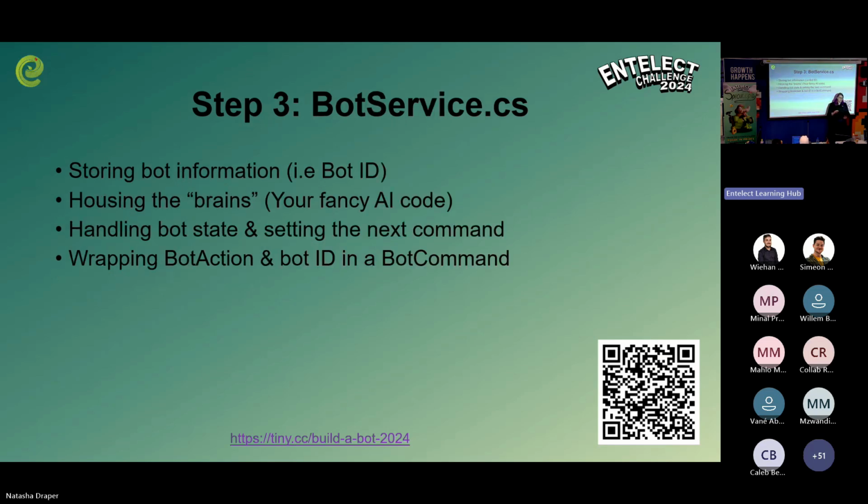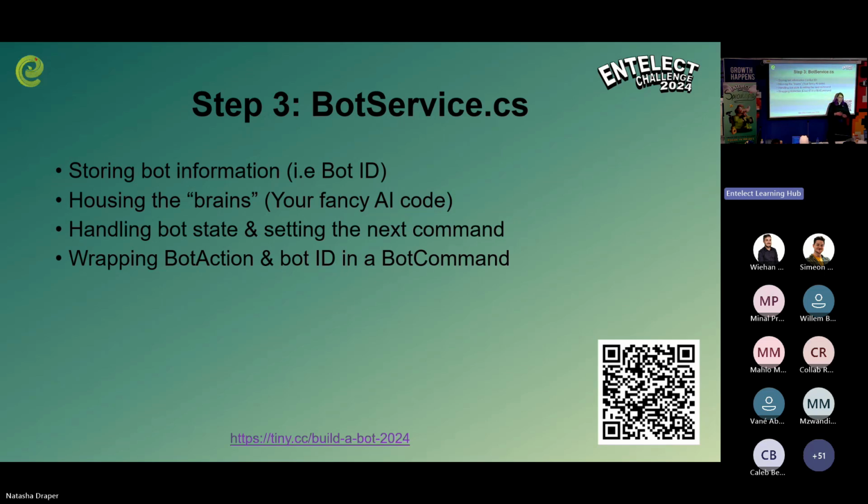Then we're going to move most of our actual commands into the bot service. Here we're going to store our bot ID so that only it needs to know about that. And when you write all your fancy AI code, you're going to put it in here or have it call some other function. It's also going to take the state from the message listeners and then respond with a command.